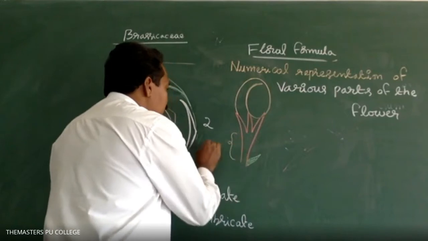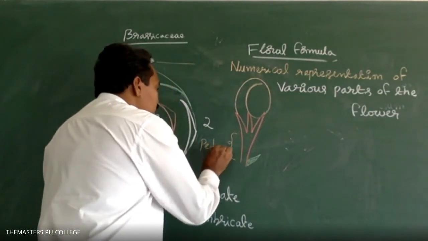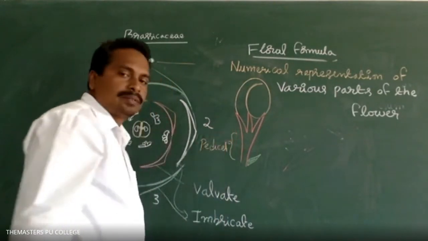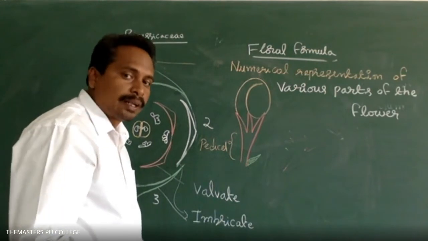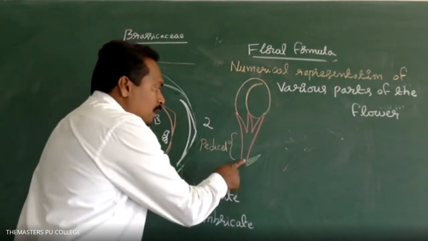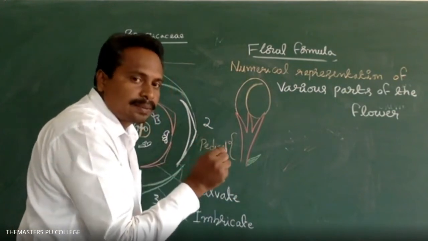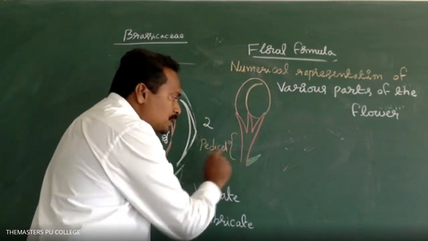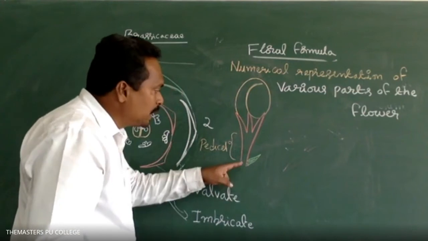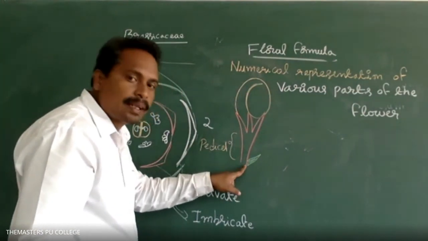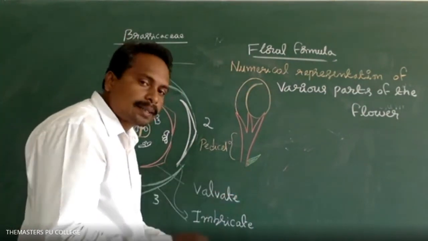Stalk of the flower. The stalk of the flower is called pedicel. In some plant species, the small leaf-like structure present at the base of the pedicel is called bract.